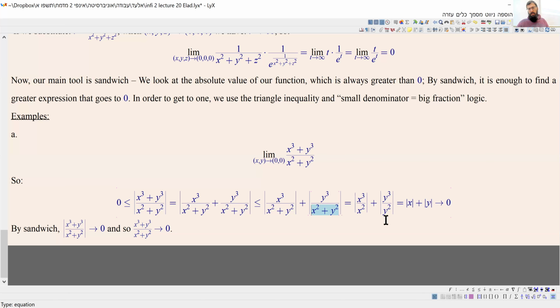We can give up on whatever we want here, and the expression becomes bigger because we look at a smaller denominator. Yes, exactly. If it was x cubed it would be problematic. But as usual, the exercises are solvable. Any other questions?